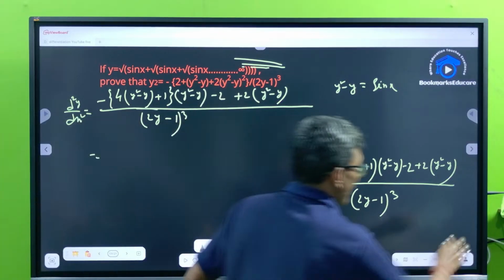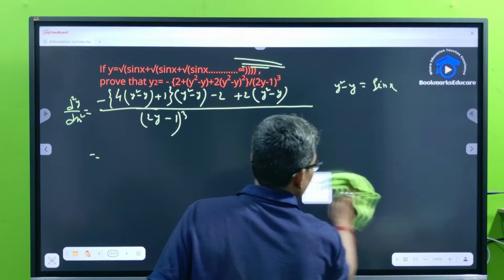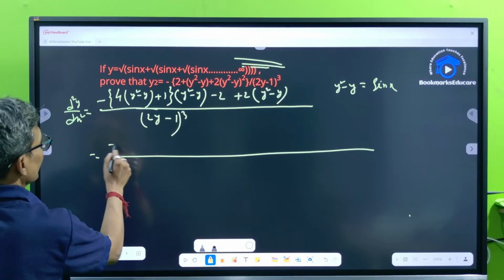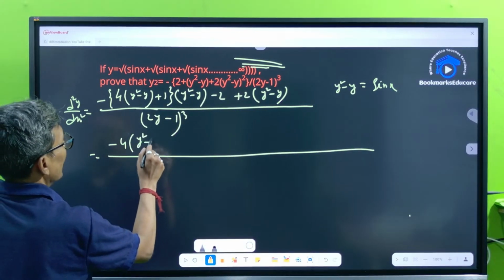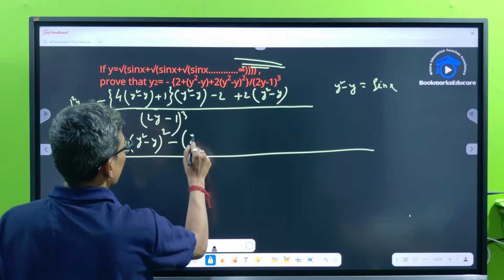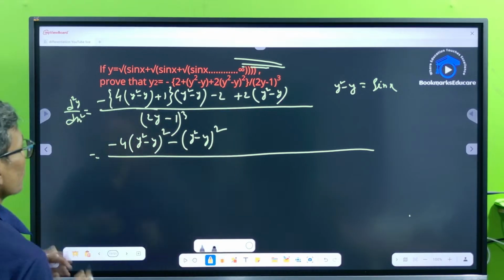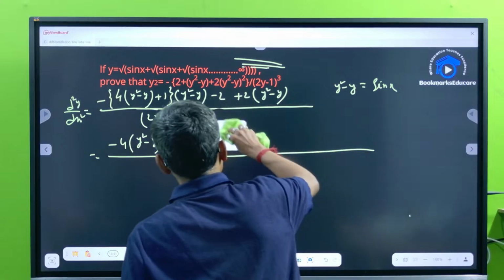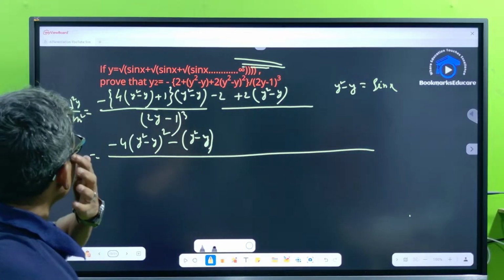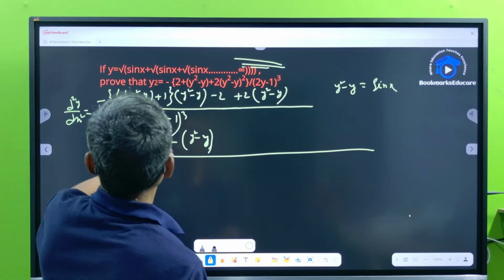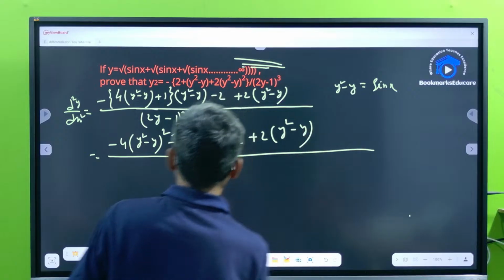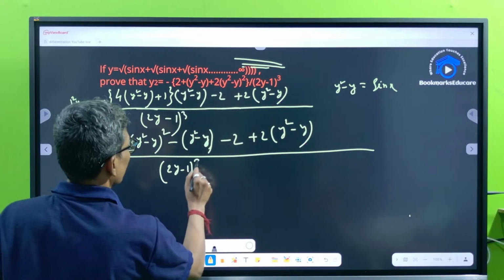So minus 4 into y square minus y whole square, minus y square minus y whole square. सॉरी, नहीं, ये whole square नहीं होगा, ये होगा a. ओके. सो minus 2 plus 2y square बस. So 2y minus 1 whole cube.